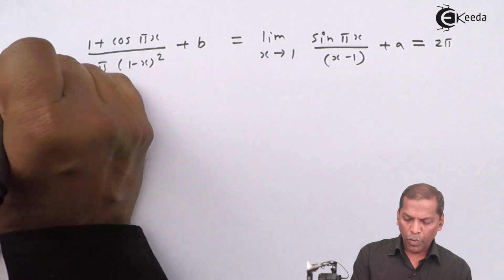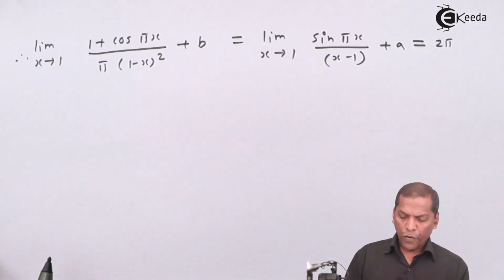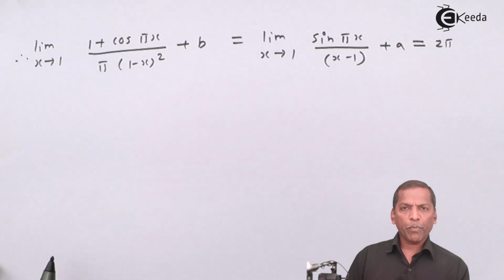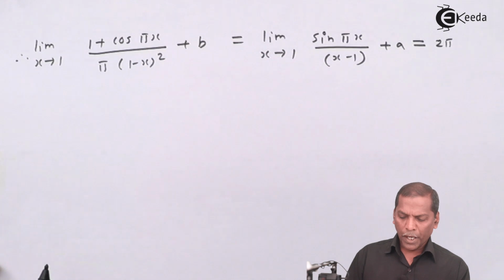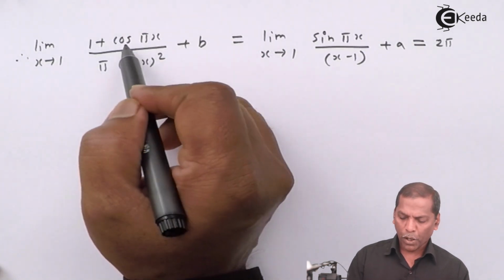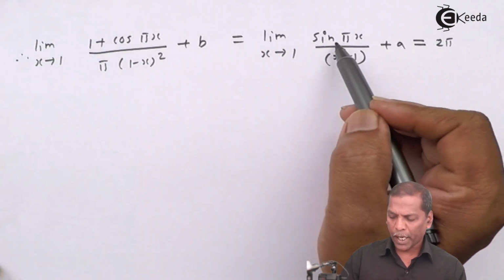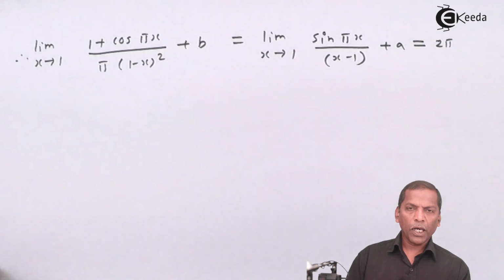Now here we have to solve the limits problem. First of all, observe the given limits, which is x tends to 1. And the functions present in the given problem are the cos function as well as the sine function, and the limit should be 0.